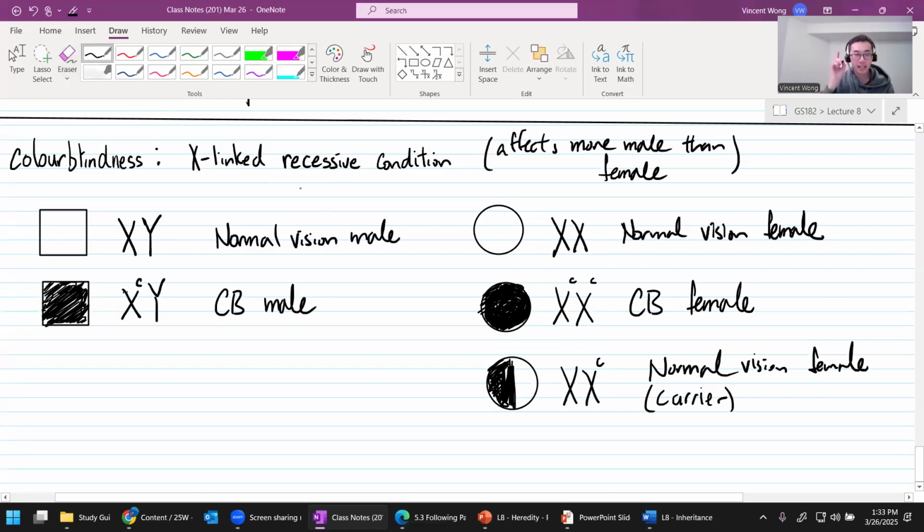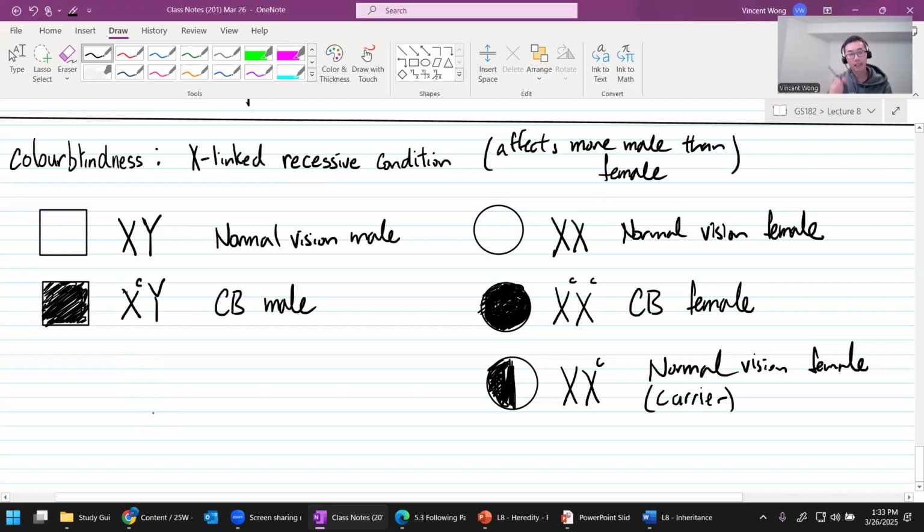And that, again, is why recessive X-linked conditions affect more males than females. For males, you get one bad X, that's it, you're going to have the disease. For females, you need two copies in order for the disease to show up.